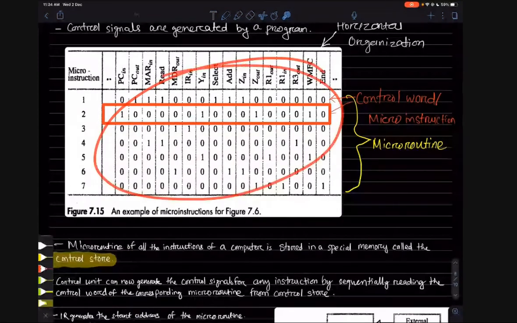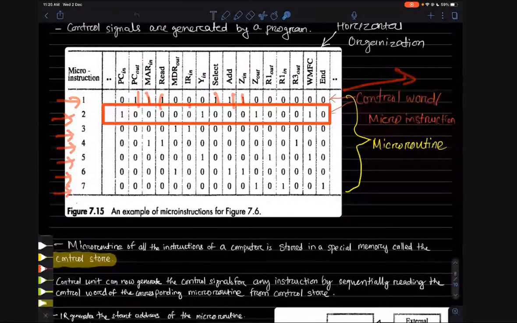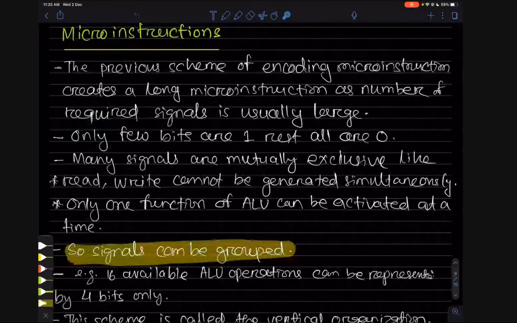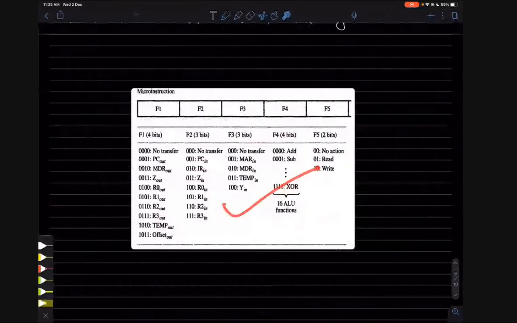Because these programs are stored in the control unit, in your control store, and then every micro instruction is executed one by one, and based on the number of ones, those signals will be generated in every clock cycle. Very simple.